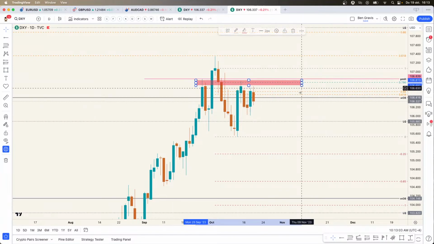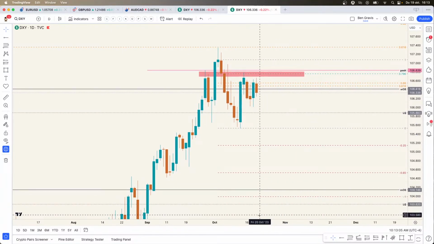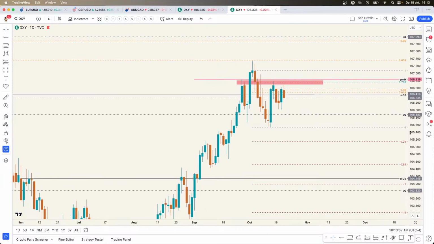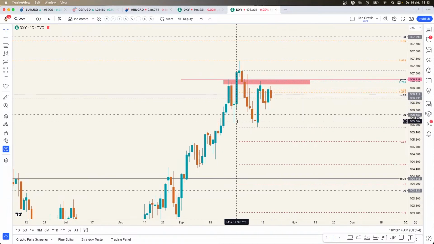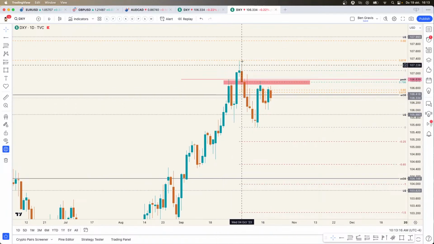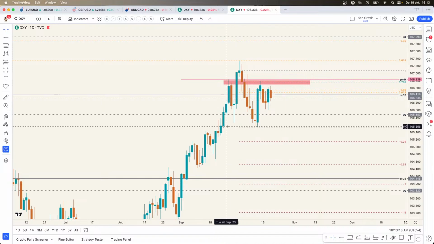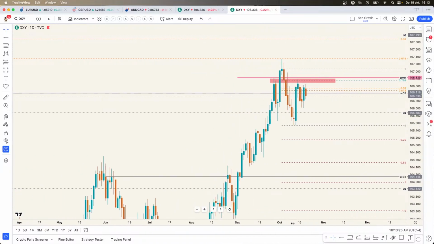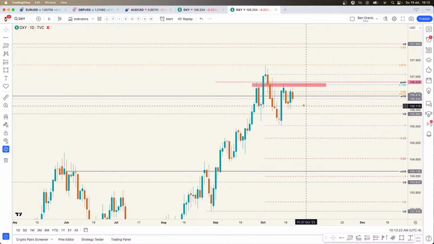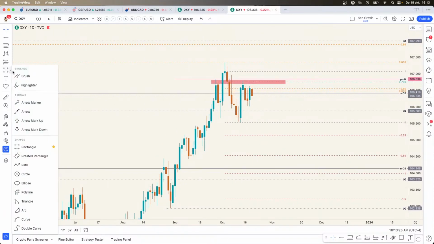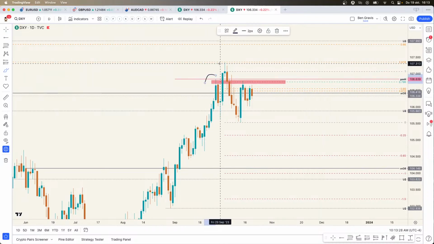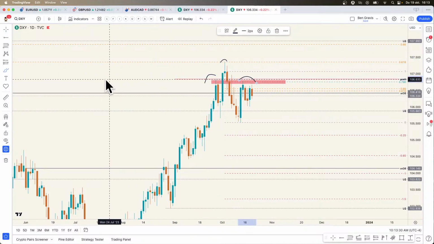So here as well, we do have this impulsive move higher, came back into this daily fair value gap after taking liquidity. So we have a liquidity grab over here, liquidity grab over here. So it's indecisive whether it wants to move higher or lower. But basically, for now, this left shoulder, hit, and right shoulder is still active.